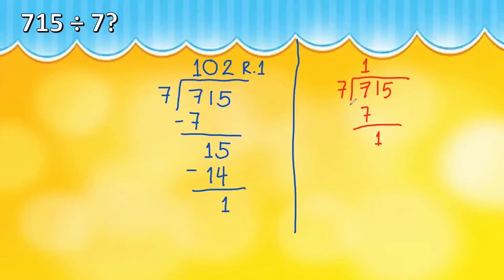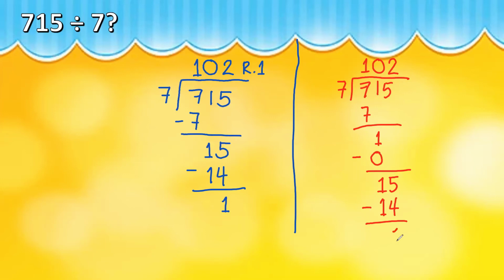You may continue dividing them so that you will not get confused. 1 divided by 7 is 0. Then 0 times 7 will be 0. And then subtract, which is 1, and then bring down 5. 15 divided by 7 is 2. 2 times 7 is 14.